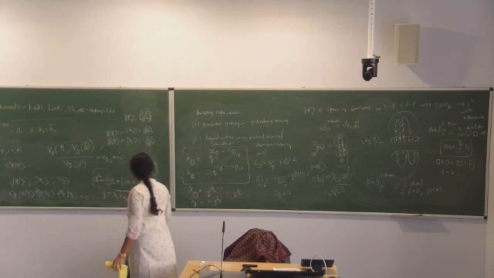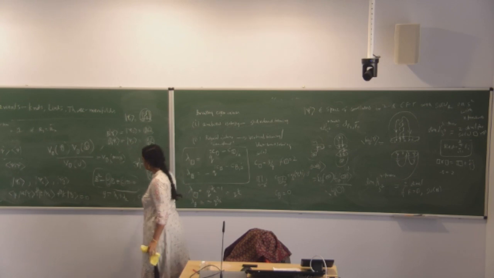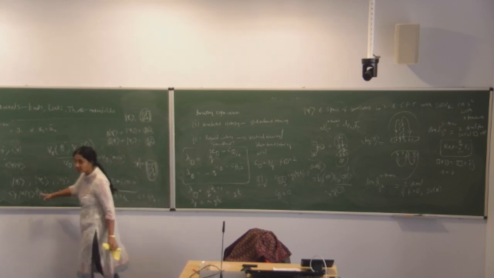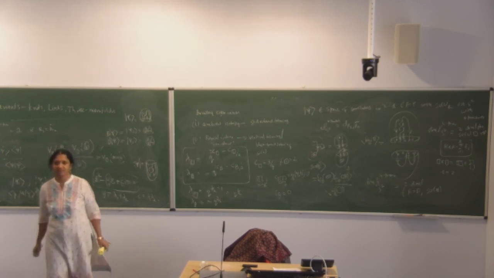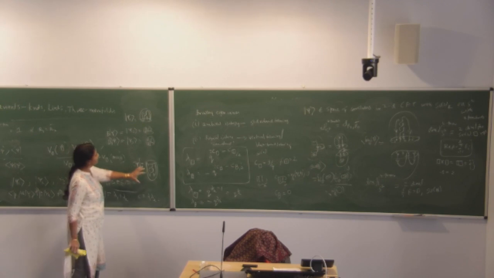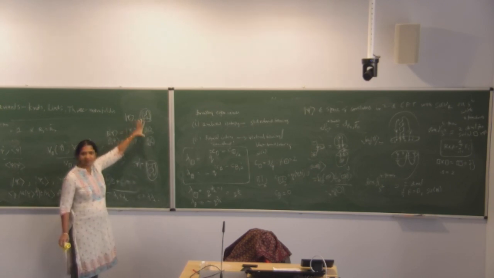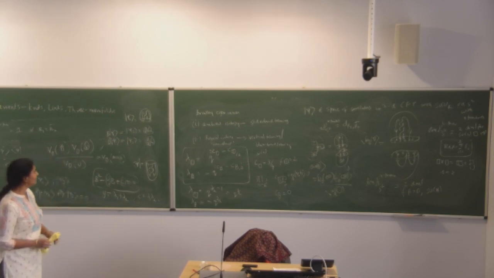So substitute the lambda 1 plus lambda 2 and lambda 1 lambda 2 here, and compare this equation with this equation, and you will get the skein relation which relates the trefoil to the Hopf link and the unknot.